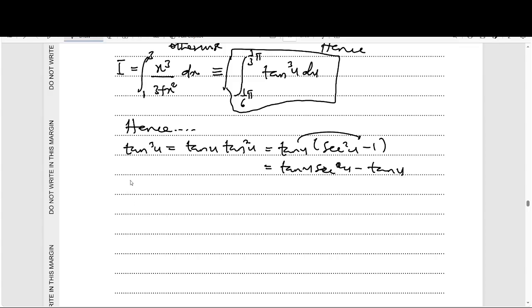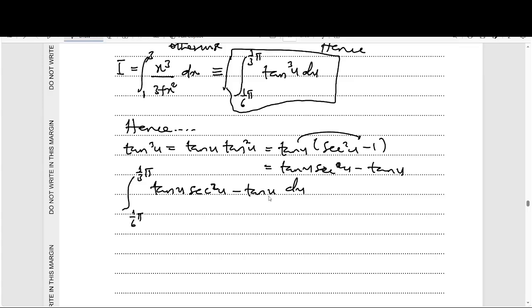I wanted to discard the limit, but let me still write it so I don't forget at the end. So I have tan u sec squared u minus tan u, right? We're going to integrate term by term.